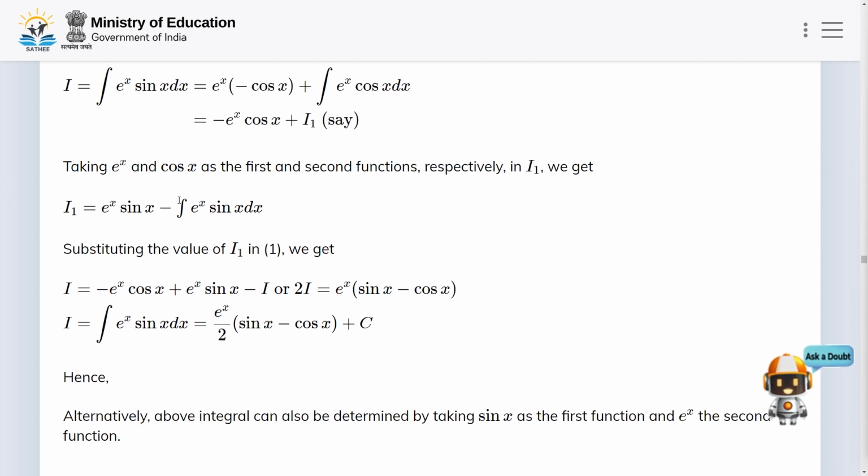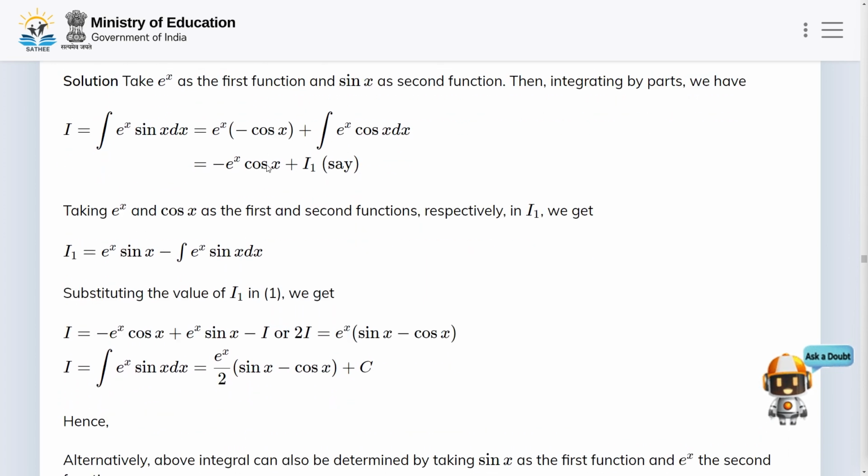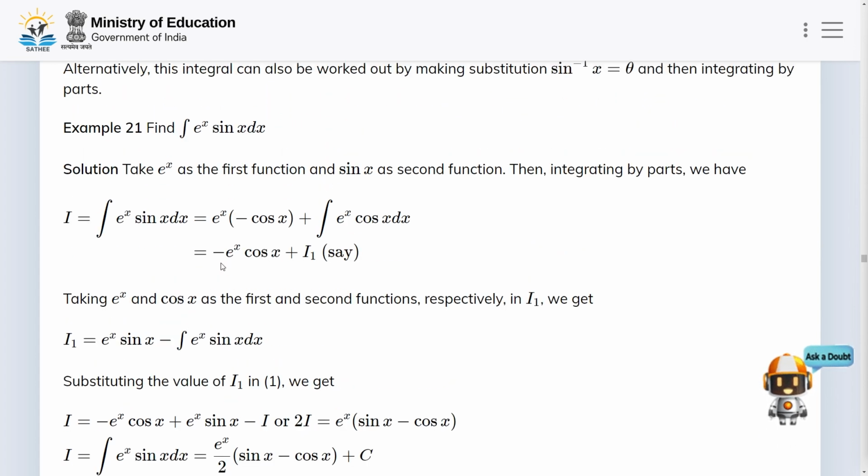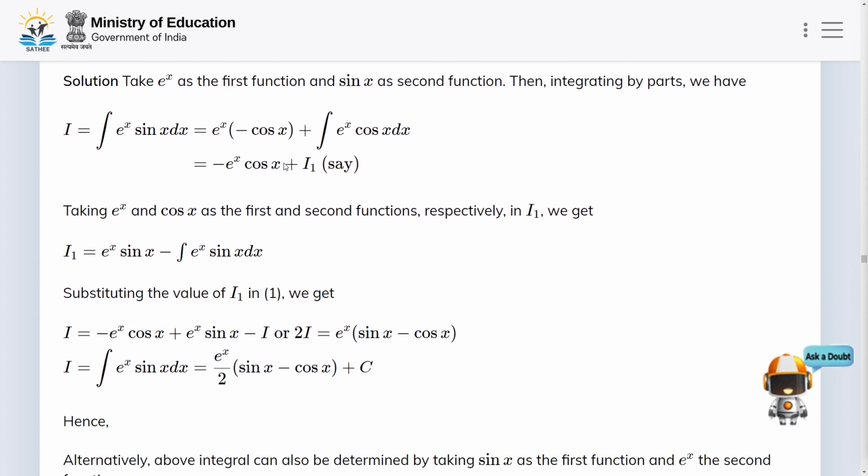Now I1 is nothing but e^x sin x, as you can see, minus integration of e^x sin x dx. We just rearrange things. So I1 is equals to e^x sin x minus this integration of e^x sin x dx.